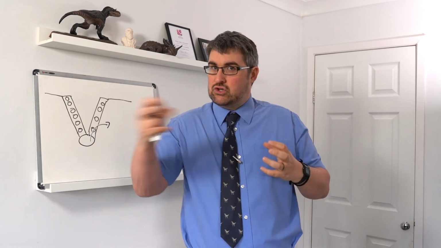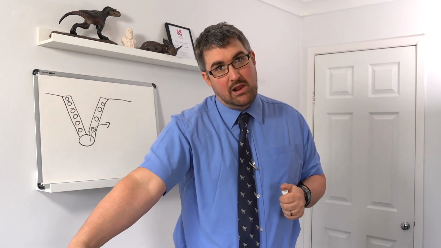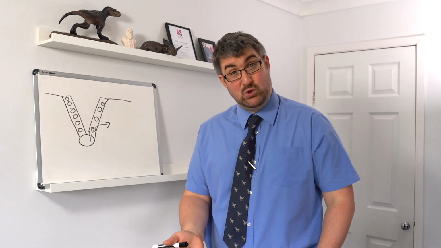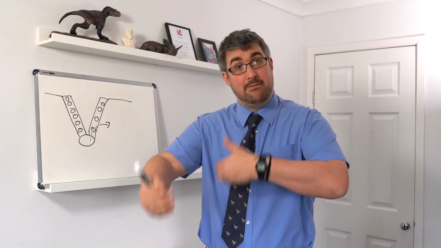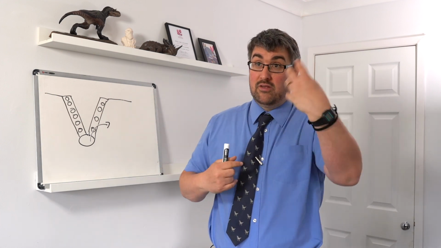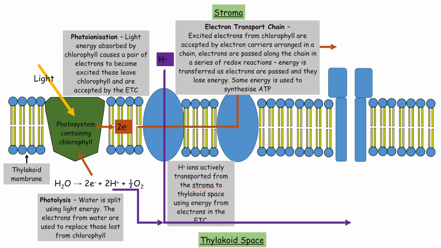The electrons that are released replace the ones that have been lost from chlorophyll. That way, the chlorophyll molecule can carry on absorbing light energy. It regenerates the chlorophyll, so those electrons can become excited, go on the ETC and so forth, and another round of photolysis would replace them.